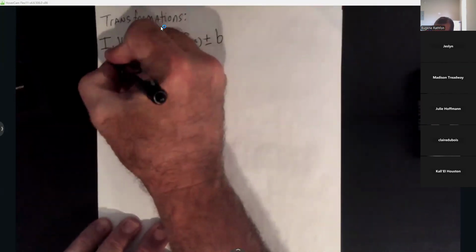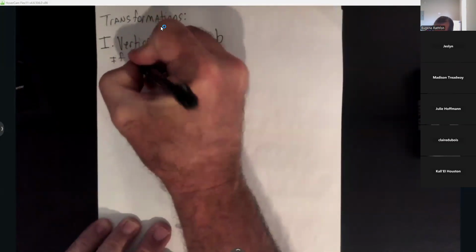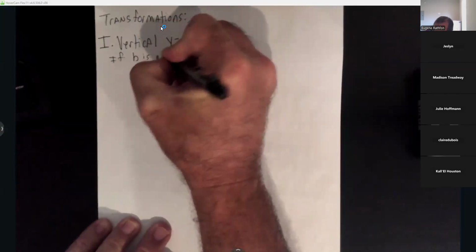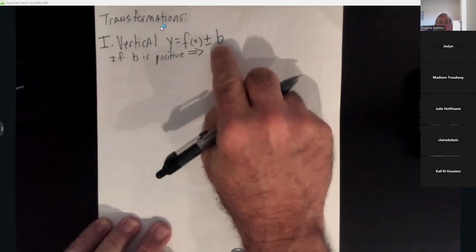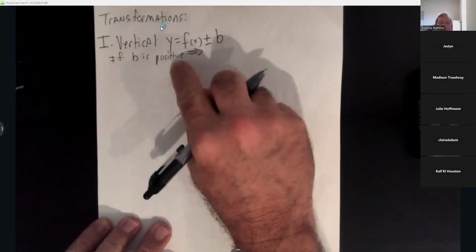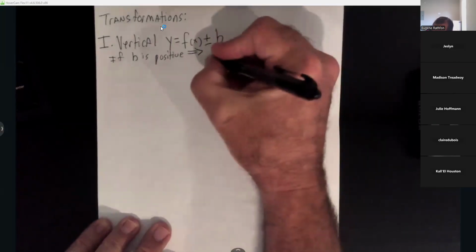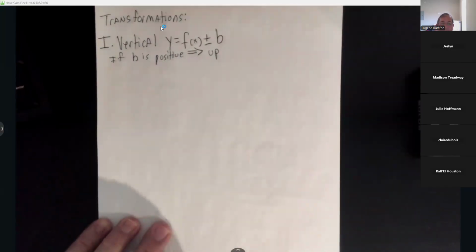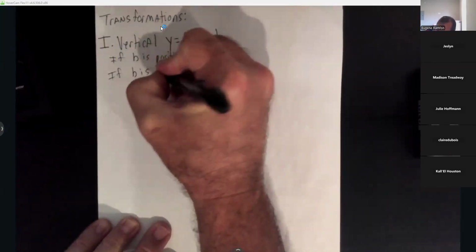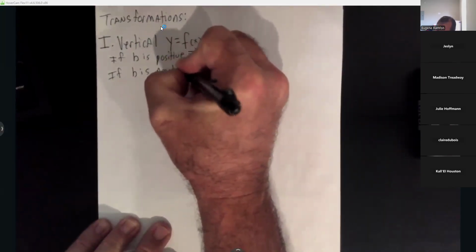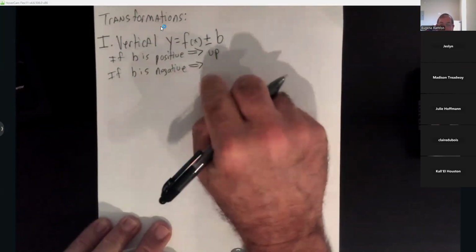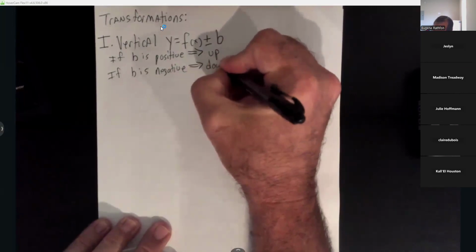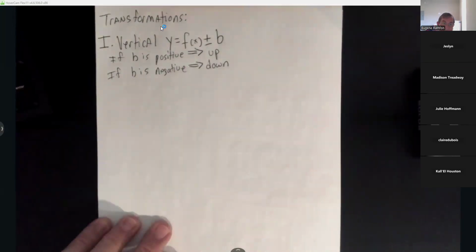So if b is positive, so if I add a number to the end of my function, then this graph goes up. If b is negative, so if I subtract a number from my function, then this graph is going to go down. Okay?